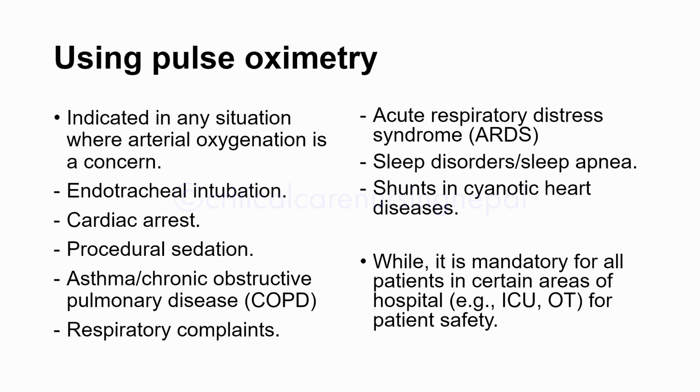So it is indicated in any situation where arterial oxygenation is a concern. Some examples are during endotracheal intubation, cardiac arrest, procedural sedation, patients with respiratory conditions like asthma, COPD, respiratory complaints, ARDS, persons with sleep disorders or sleep apnea, and persons with cyanotic heart disease. As I said earlier, it is mandatory for all patients in certain areas of the hospital like ICU and OT for patient safety.